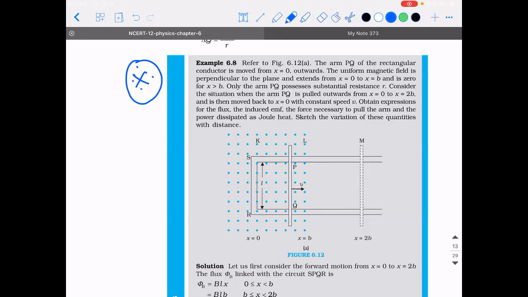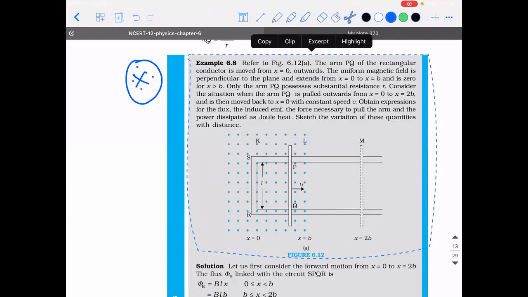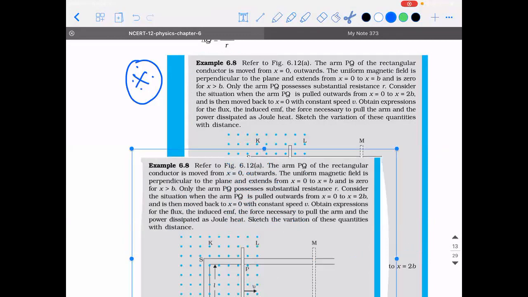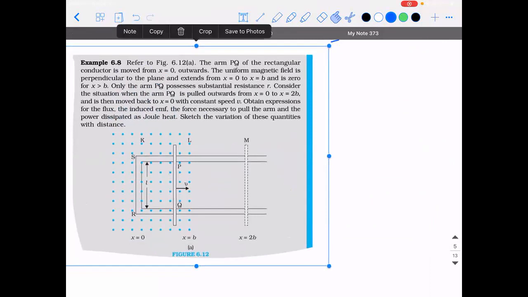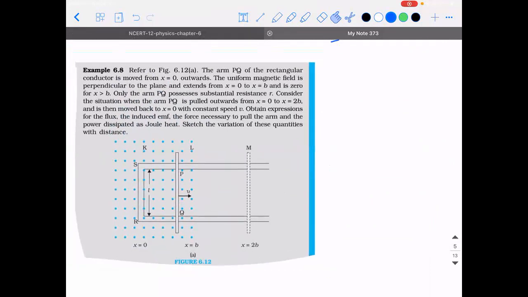It's a very, very important problem. Ensure you mark it. Shall we start?